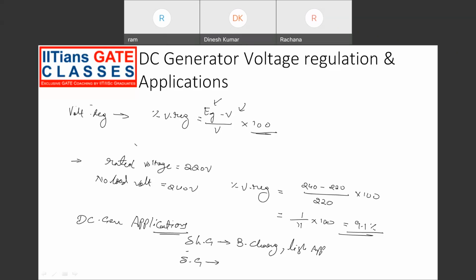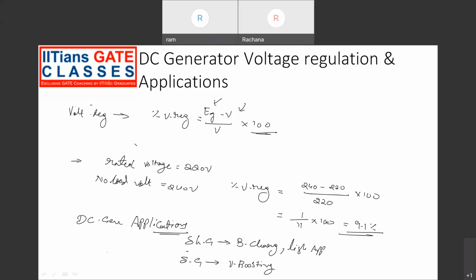Series generators are used for voltage boosting applications in distribution systems. Then the compound generator. We have two types, cumulatively compound and differentially compound. Cumulatively compound is used for motor driving applications, whereas differentially compound is used for arc welding.